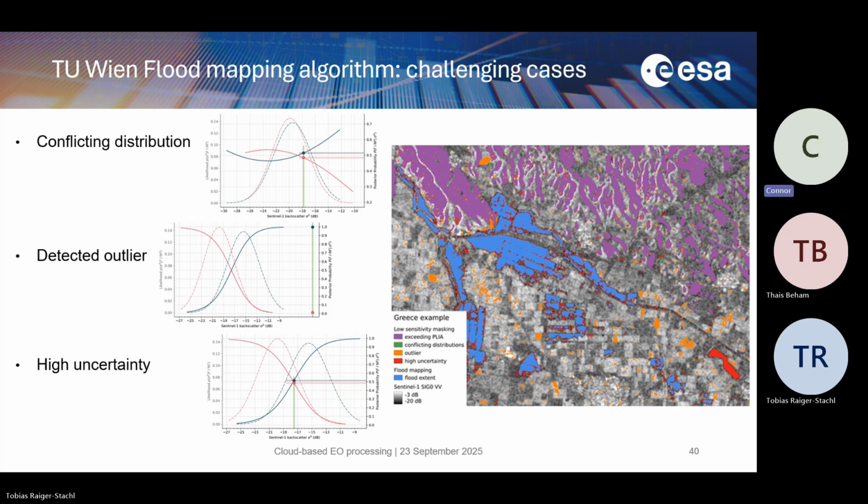Maybe we also have outliers, so Sentinel-1 backscatter measurements that are really far away from both the no-flood and flood distributions, so we exclude these too. And there are areas where the backscatter value is really in between the two distributions, which makes it difficult to give a decision with high certainty. That's also something that we exclude. And this is how these problematic areas look in the scenario. Okay, next.